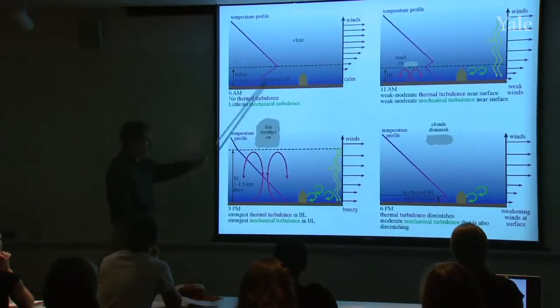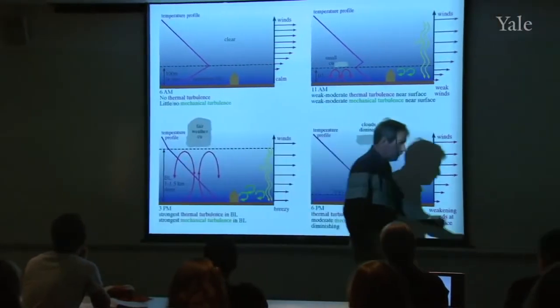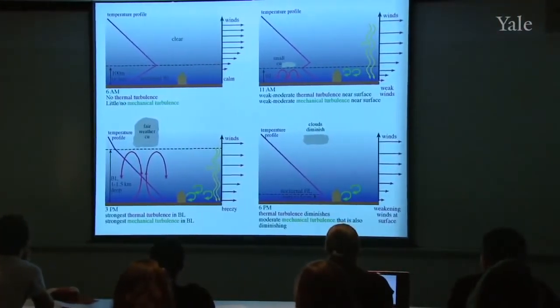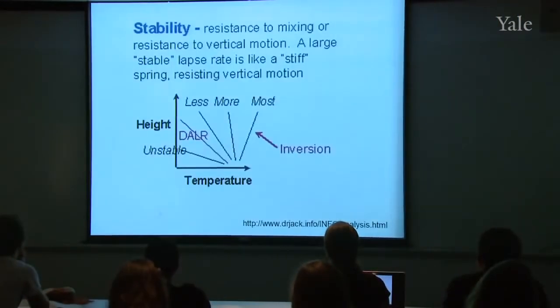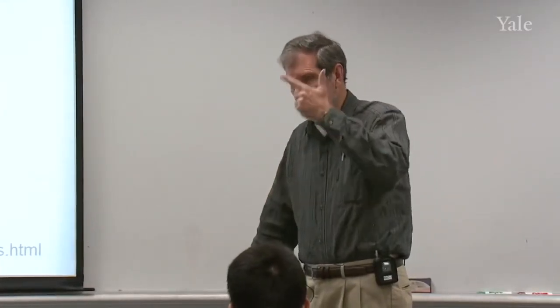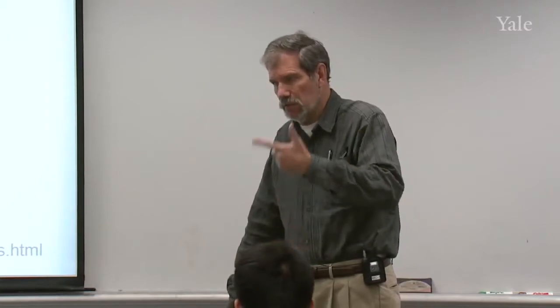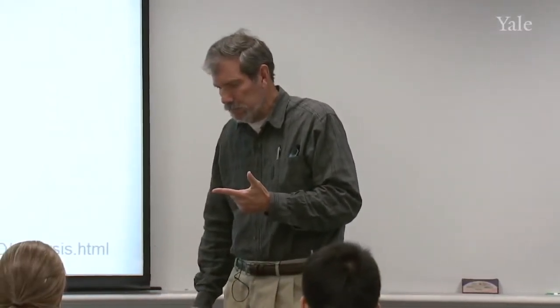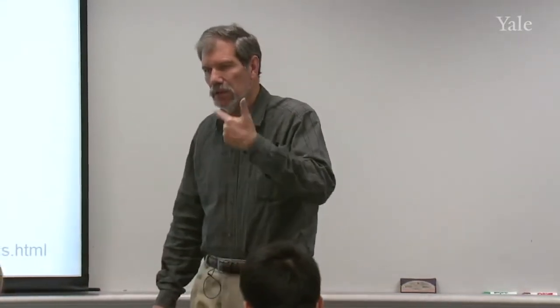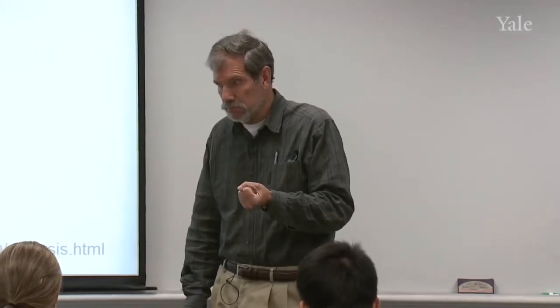So remember where that fit on the diagram. Just to go back, I went on to start to talk about the role of the temperature gradient in mixing. It turns out that the temperature profile in the Earth's atmosphere plays a very important role in how material mixes into the atmosphere.